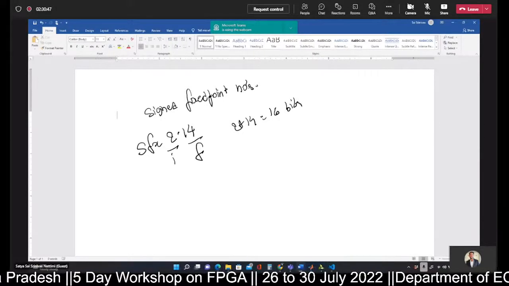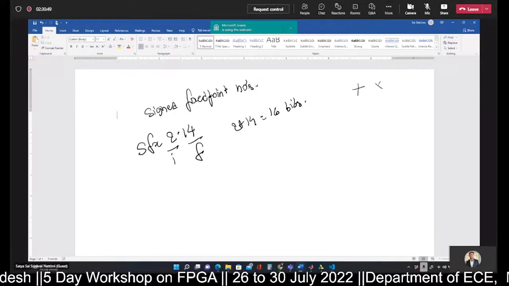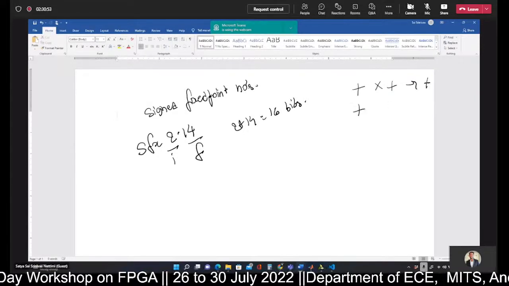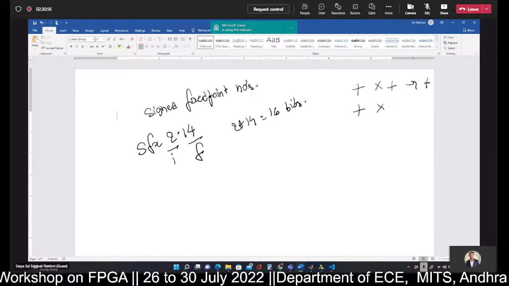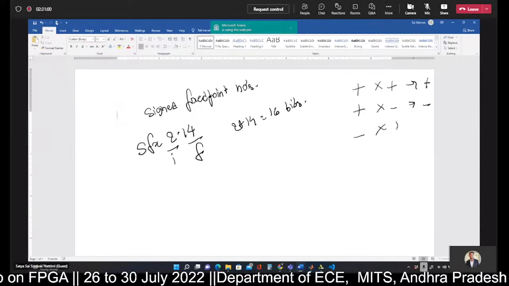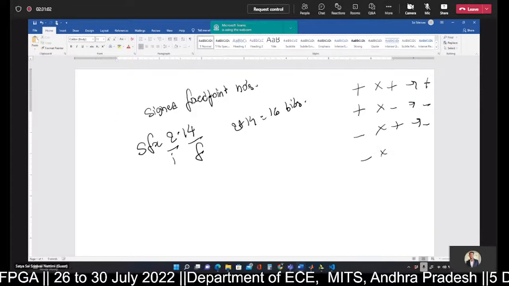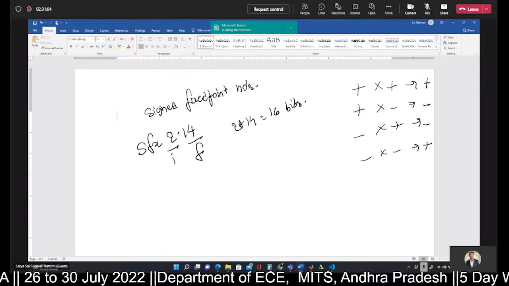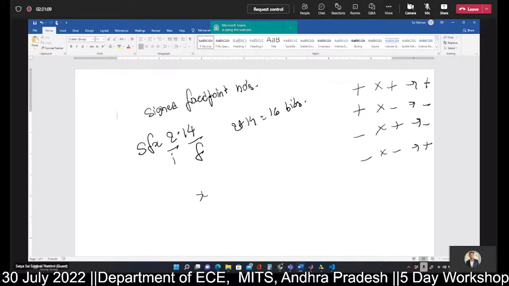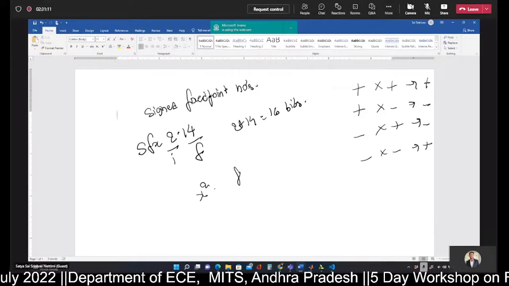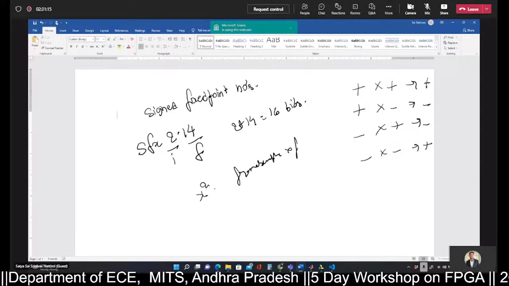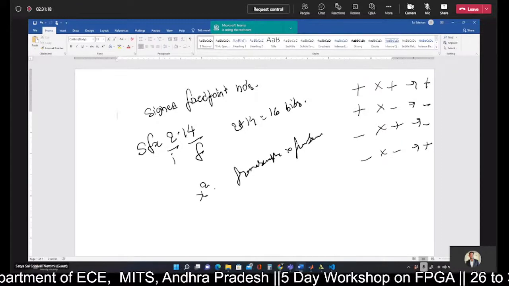You know that a positive number multiplied by a positive gives a positive result, positive multiplied with negative gives negative, and negative and negative is equal to positive. Anyhow, we are multiplying the same number, frame sample into frame sample, in order to square.